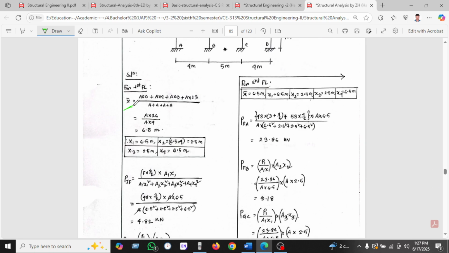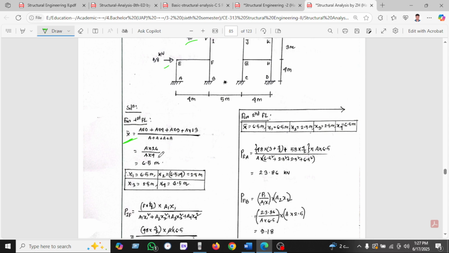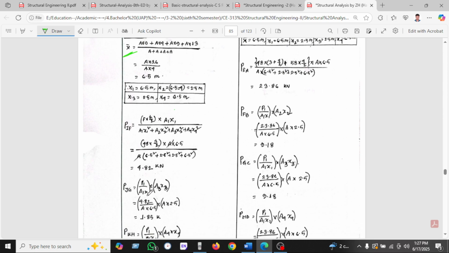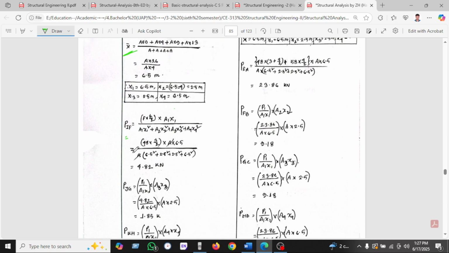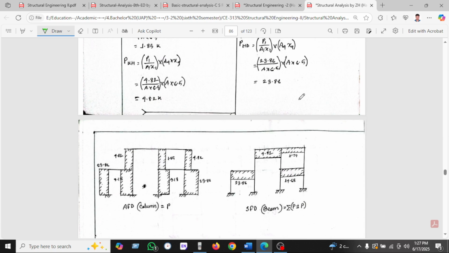First of all, we have to take the CG and x1, x2, x3, and take this member load and this member load also, and after finding the axial load we put the axial load here.